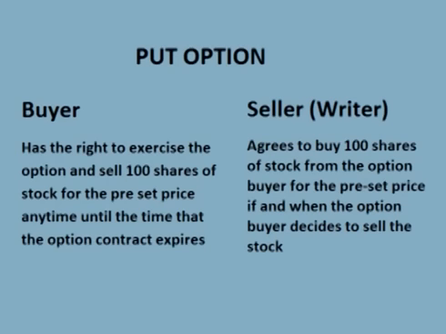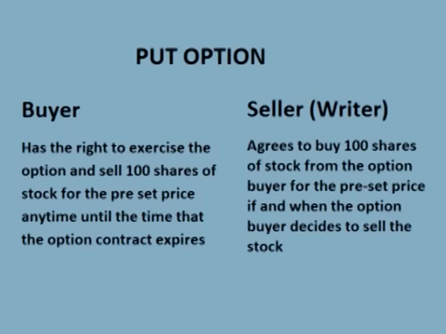Just like a call option, when someone buys a put option, they are also buying a contract from the contract writer, also called the seller. The contract states that the option buyer is entitled to sell 100 shares of a particular stock for a preset price. The contract also states that the option seller agrees to buy that stock from the option buyer at the preset price, if and when the option buyer decides to sell it, up until the time the contract expires.